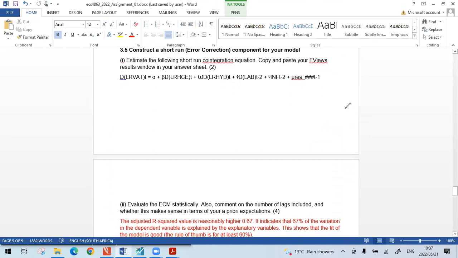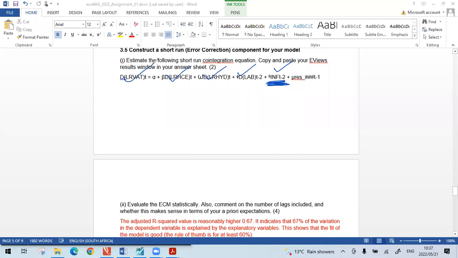Down here, inflation, there's no D, because, let me say it again, in the error correction model, we put variables that are stationary. So this one we are saying is stationary in levels. This one is stationary after differencing once. This is stationary after differencing once. This is stationary after differencing once. This is stationary after differencing once.